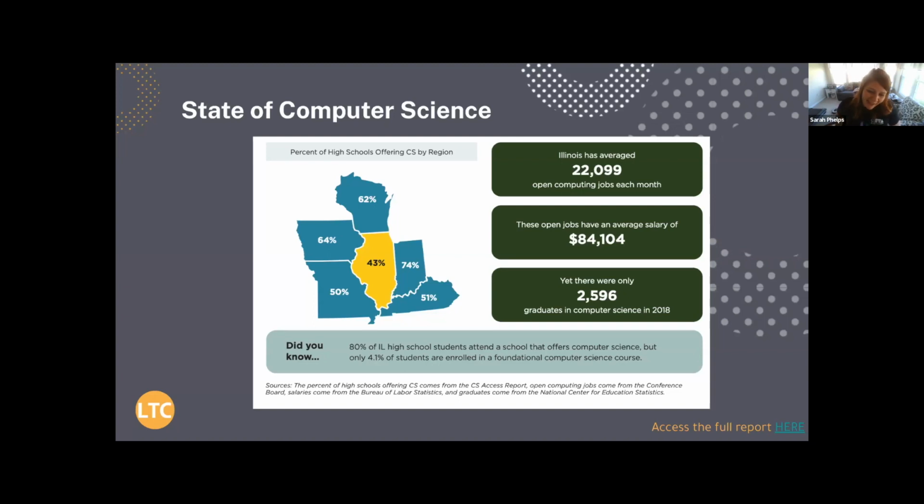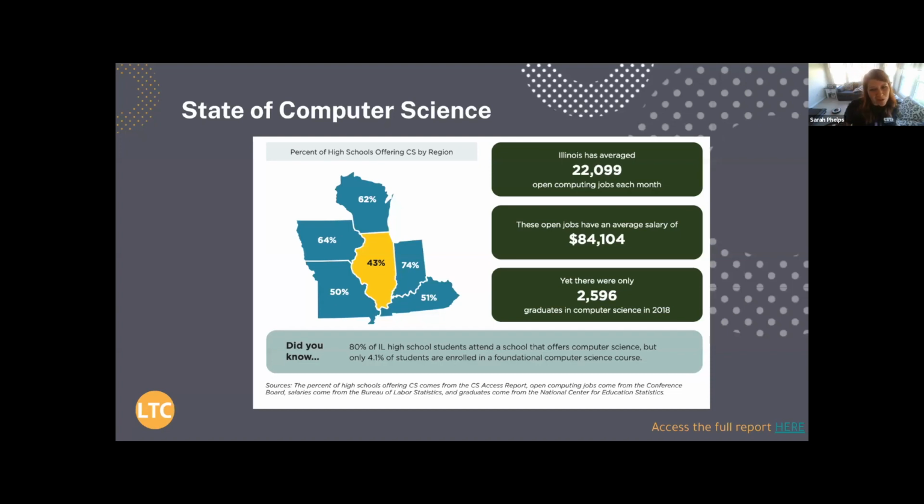Illinois is not actually behind the times as far as offering computer science courses in high school. 80% of Illinois students attend a school that offers computer science. That's a pretty great number, right? Obviously, with the new legislation, we want that to be 100%. But here's the important part. Even though 80% of high school students have that opportunity, only 4% of students are enrolling in that course.